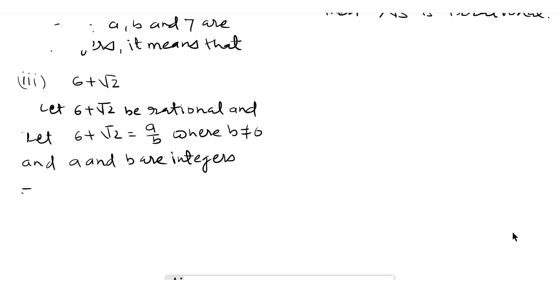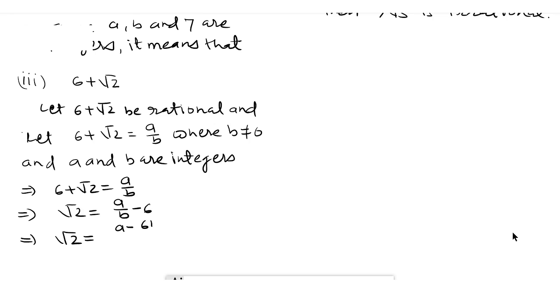So we write 6 plus root 2 equal to a upon b. On rearranging, we get root 2 equal to a upon b minus 6. This gives us root 2 equal to a minus 6b upon b.